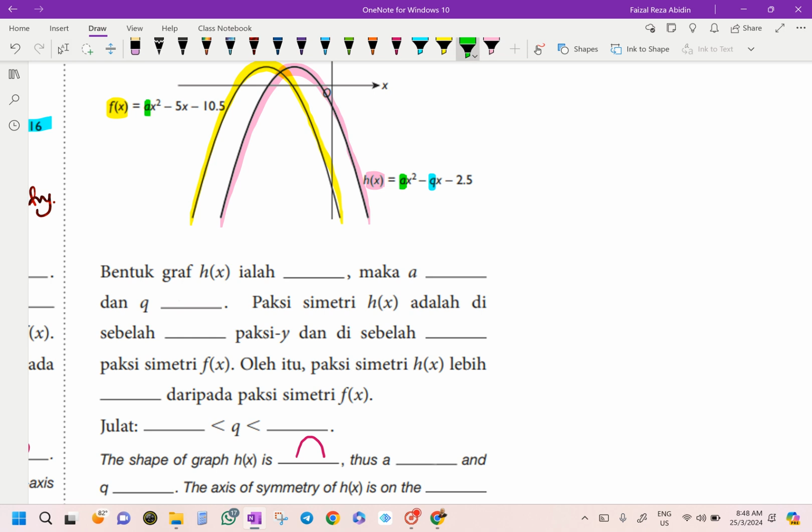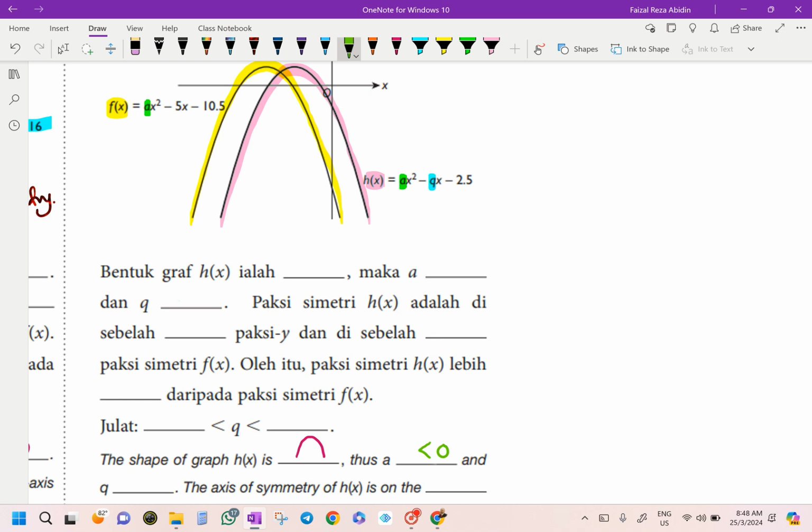What can we state for our A? How do we get the graph of set phase if we look at our A? A akan jadi apa? Negative. So means that our A here is going to be less than 0.